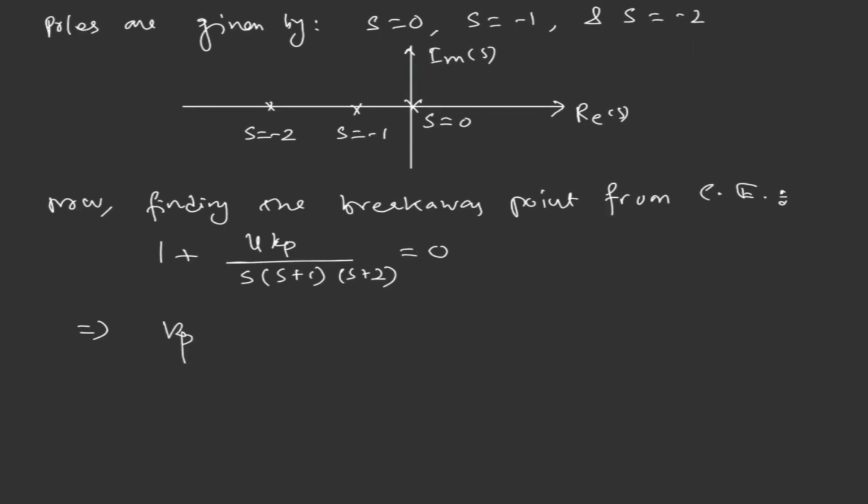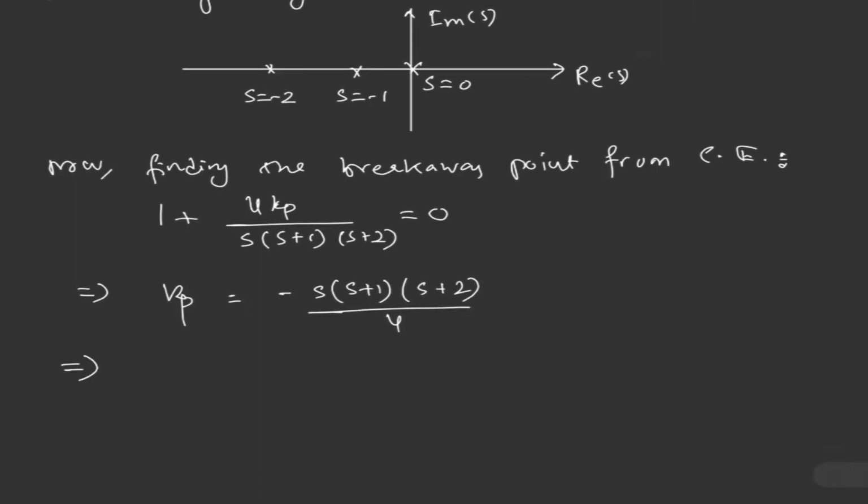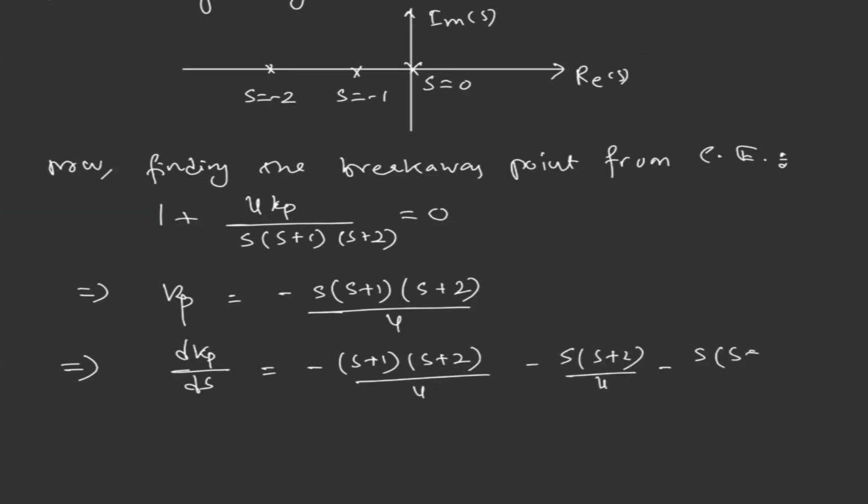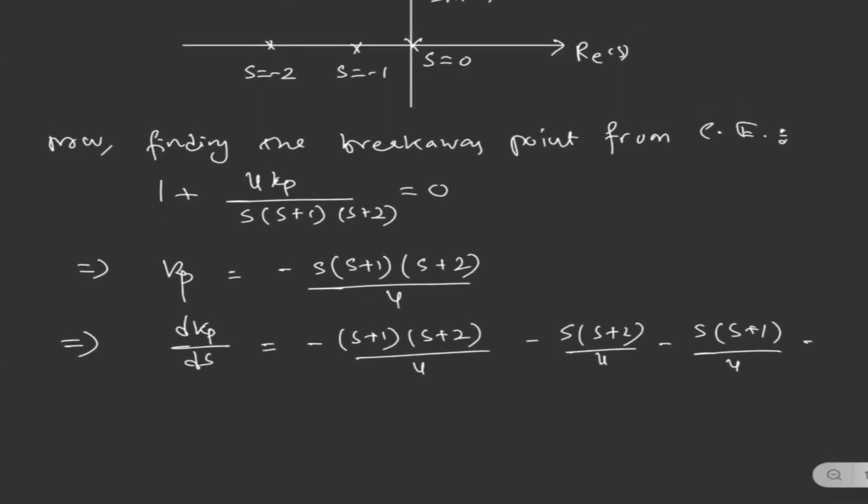Kp is the only gain here, so Kp = -s(s+1)(s+2)/4. Now we take the derivative of Kp with respect to s. So dKp/ds = -(s+1)(s+2)/4 - s(s+2)/4 - s(s+1)/4, which is equal to 0.